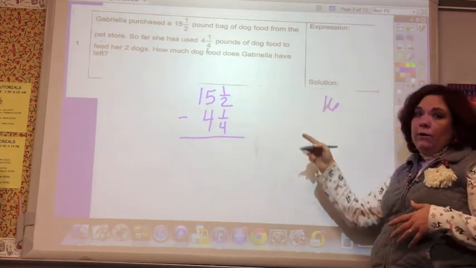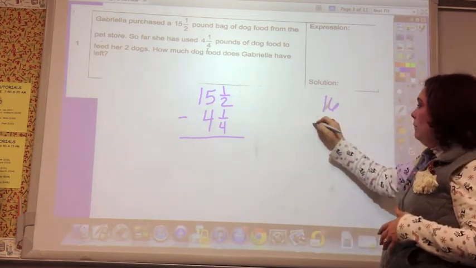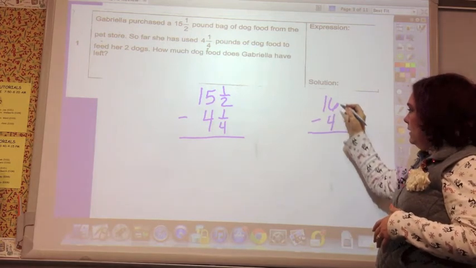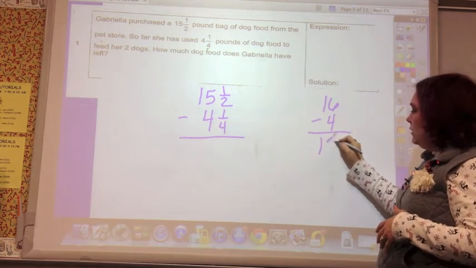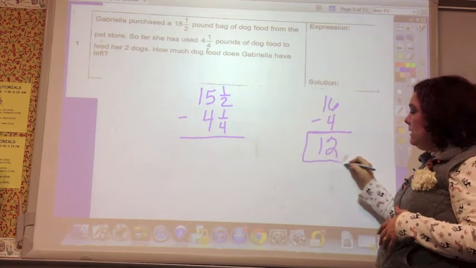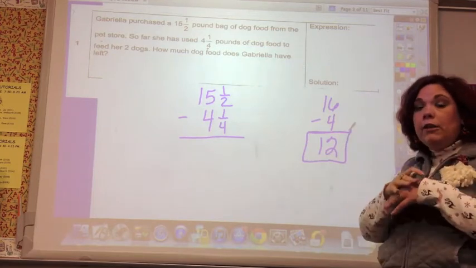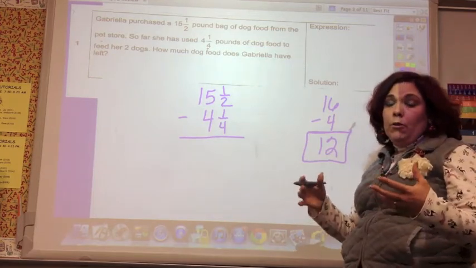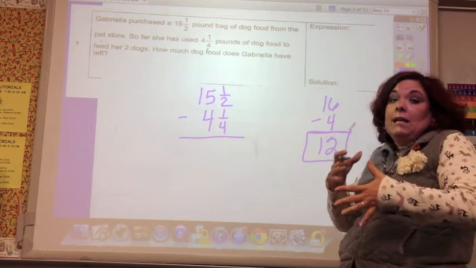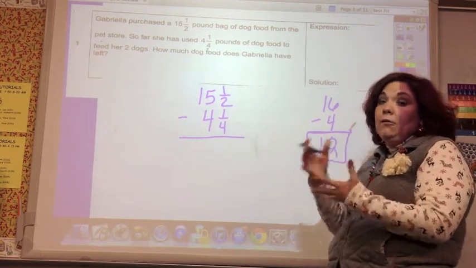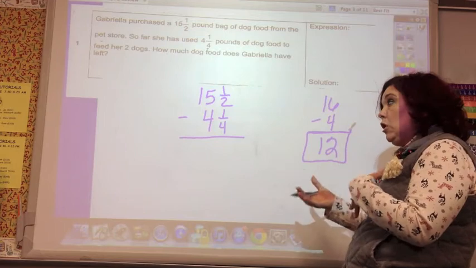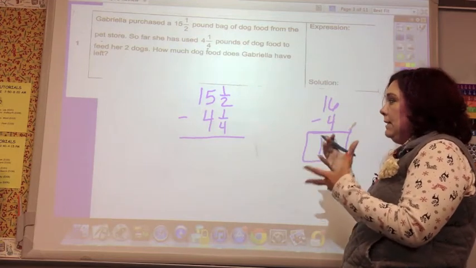And 4 1/4 would estimate to 4. And so 16 minus 4 is 12. So my answer should be somewhere around 12. I can look at my answer bank for multiple choice and say, okay, is my answer there? Is it the only answer that's like that? Maybe there's 2 that are close, so I need to do it exact.